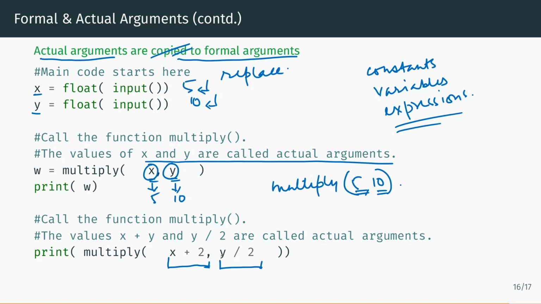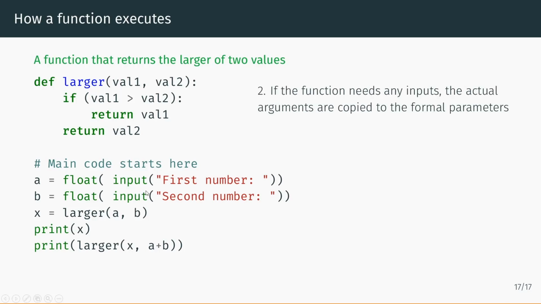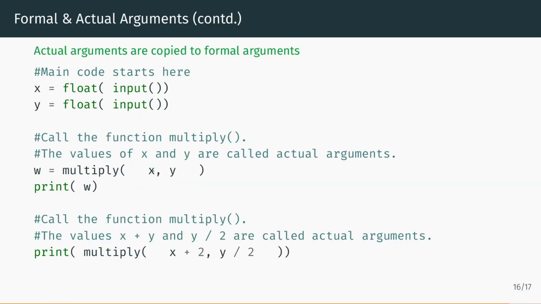If x is 5 and y is 10, these expressions would be evaluated first before being passed on to the function. When you say w equals multiply x and y, what Python does internally is replace the values of x and y with whatever x and y actually are. So let's say you entered 5 for x and 10 for y.